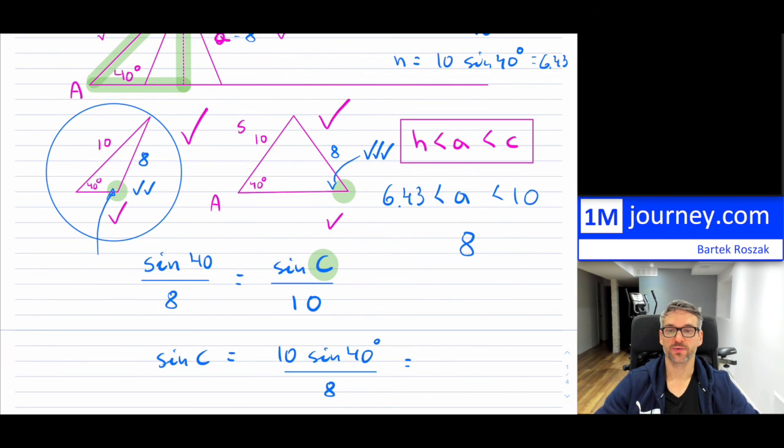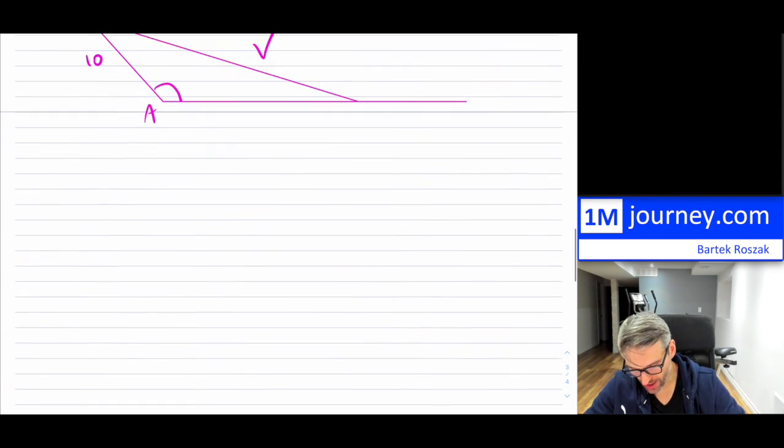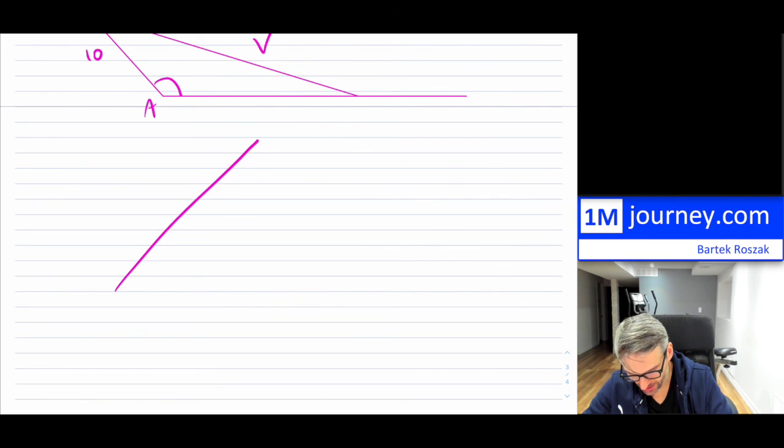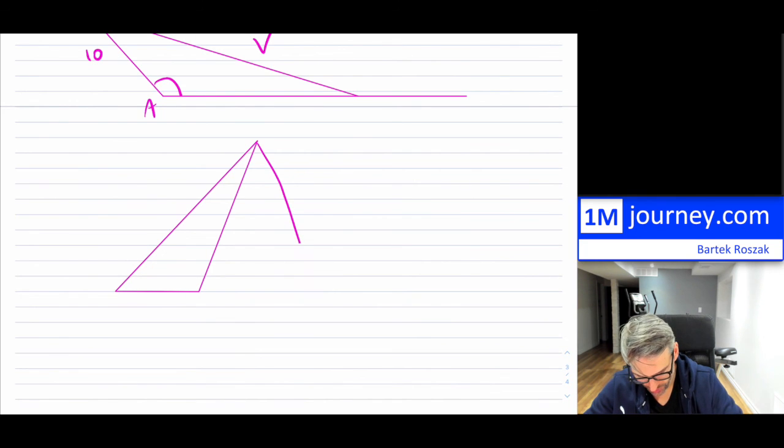Now, the sine of the angle that you are given is always going to give you the acute answer. So that means if you're dealing with the triangle which looks like this, remember, it can be either this triangle or this triangle, right?